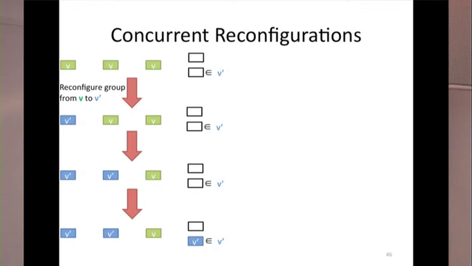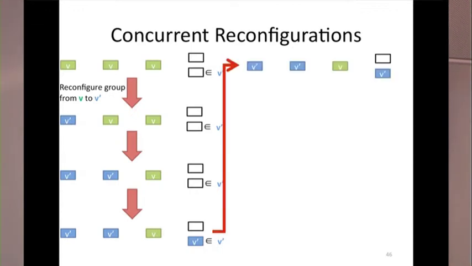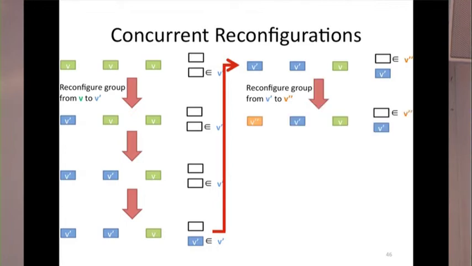So let's say it now wants to remove this node from the group and join instead. What happens is that this new view will be proposed through Paxos, decided, and installed on one node, then on another node in the older view. Once it's installed on a majority here, you can install it on the new node.